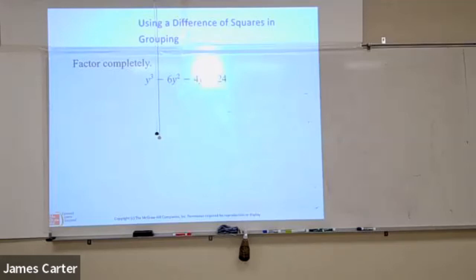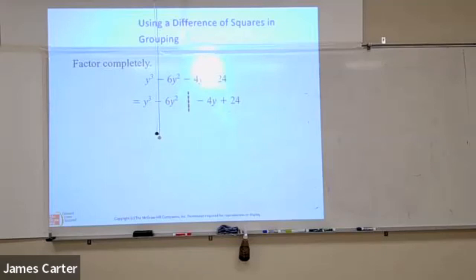Now, if we want to factor that one, we're going to group some of these pieces together. We're going to divide this problem in half right down the middle, to this part and that part. And you do have some of these on your handout sheet. Not a lot of them, but you do have a few.